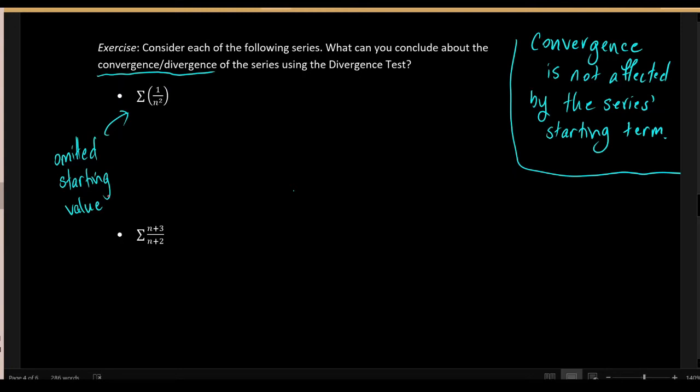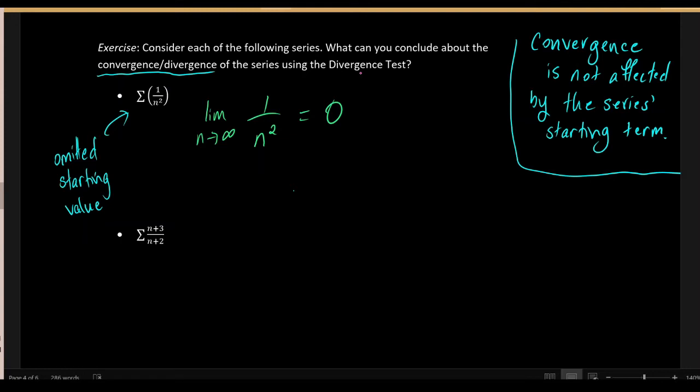Okay, so here I have the series where the associated sequence is 1 over n squared. Now, as n goes to infinity, this sequence converges to 0 because I'm just dividing by increasingly large numbers.